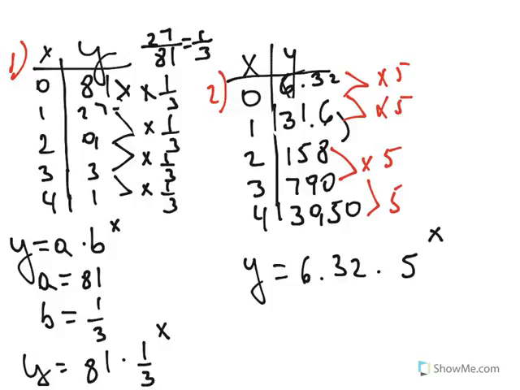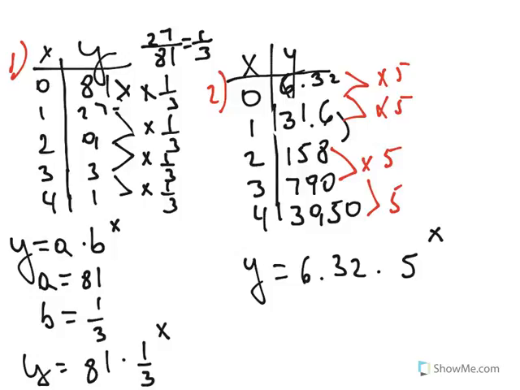In this table, you didn't know how much y was when x was 1 and 0, so it is your job to go through the table and find the initial value in order to write the exponential equation. In this video, I showed you how to write an exponential equation using tables, using the initial value and the common ratio b.